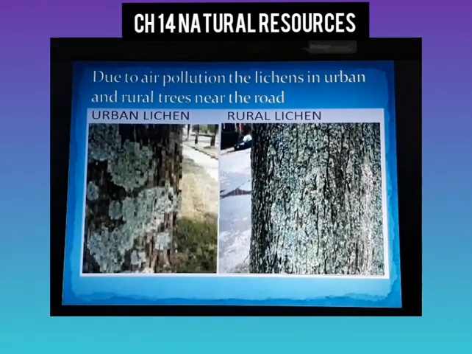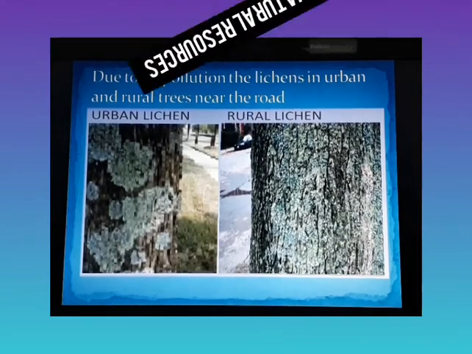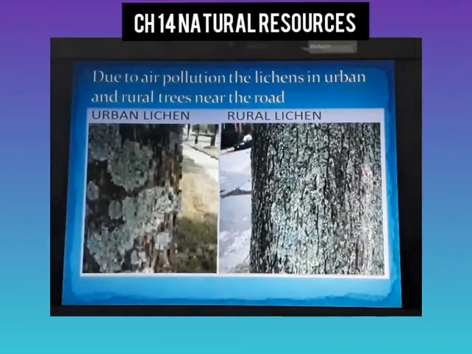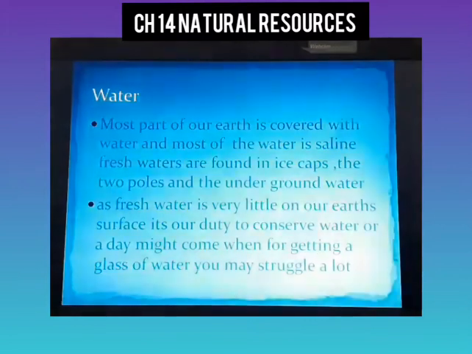People who collect lichens for preparing lichen sheets choose rural lichens because they are undisturbed, whereas urban lichen will have an acidic color which may change the color of the lichen they produce.